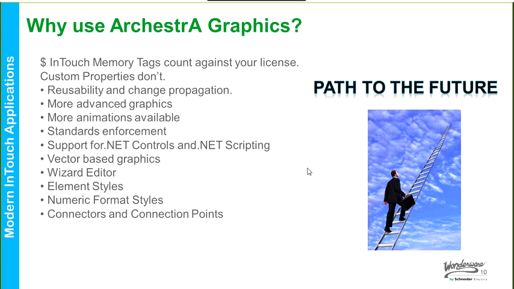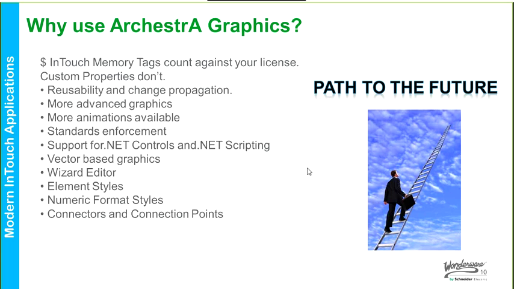If you use custom properties on your symbols, they will not cost you any license money. So it's only the traditional InTouch tags that will cost you license. You can use as many custom properties as you want, and you can also use variables within the scripts without any additional license fee.